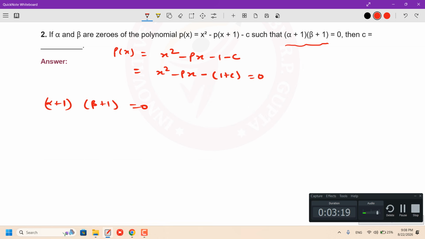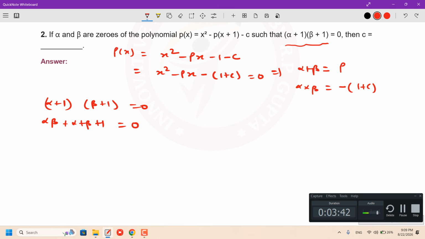So multiplying these, we get alpha beta plus alpha plus beta plus 1 is equal to 0. From here, alpha plus beta is equal to minus b by a, which is p, and alpha into beta is c by a, which is minus 1 plus c upon 1.